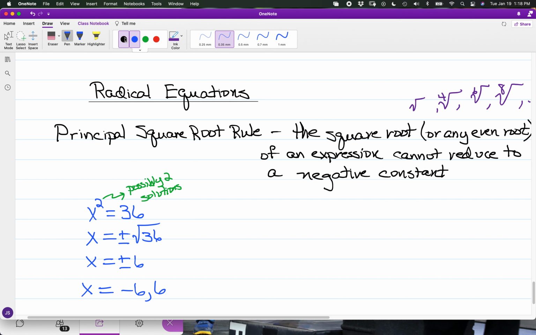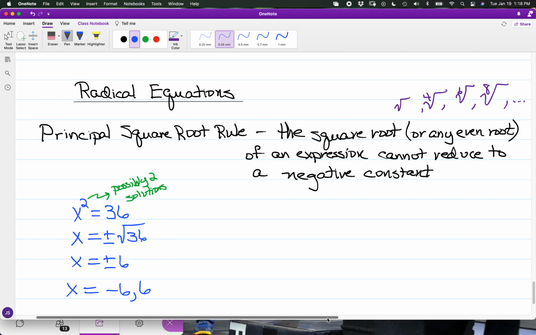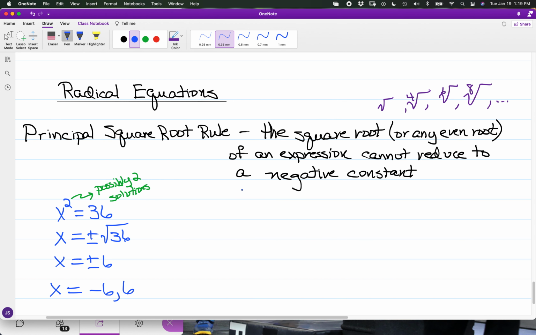But in the case of what we have with the principal square root rule, instead of starting out with x squared, if I had just x is equal to the square root of 36. So if you notice, you don't have x squared to start out with.